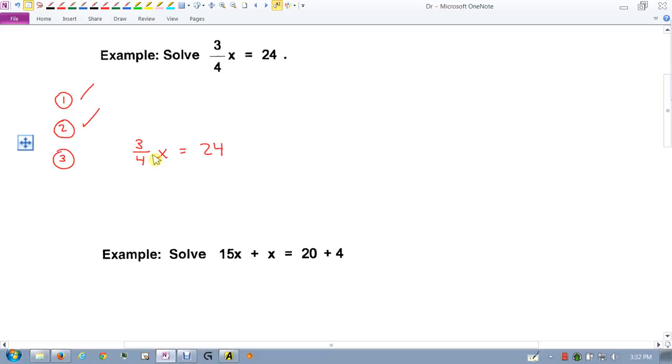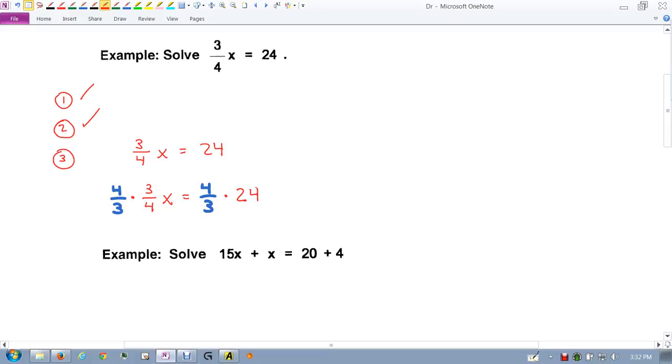So what you're going to do is take both sides of this equation. I'm going to do it below. I'm going to multiply the reciprocal on the left side. And whatever I do to the left side, I must also multiply the right side by the reciprocal. Now, why does the reciprocal work?